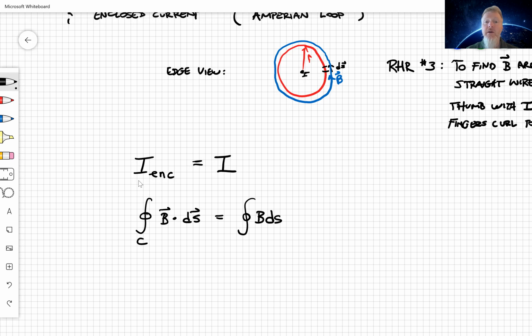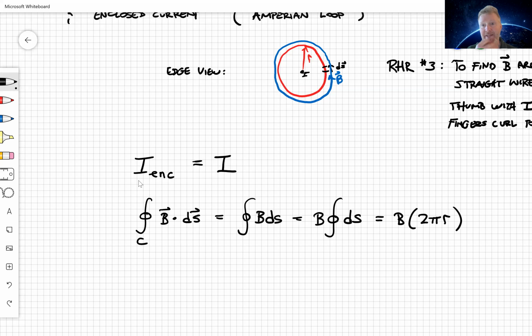Now, I've chosen the Amperian loop to make B a constant value around the loop. So this is going to become B times the integral of ds around the loop, and lo and behold, that's just the perimeter, the circumference of the loop, 2 pi r.